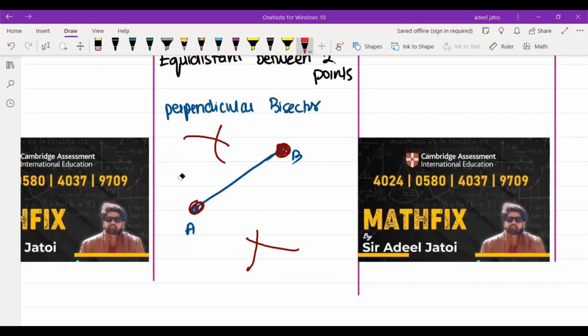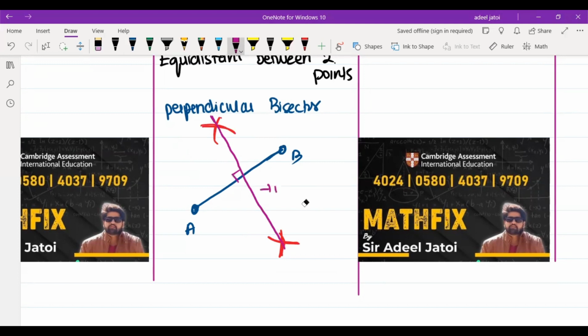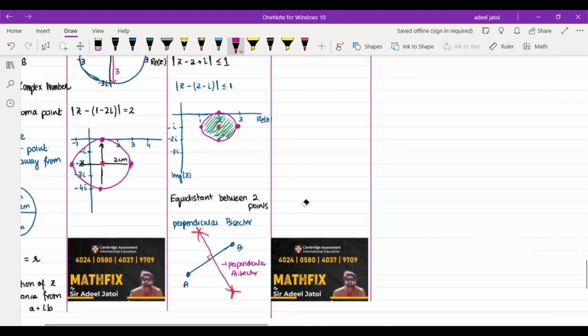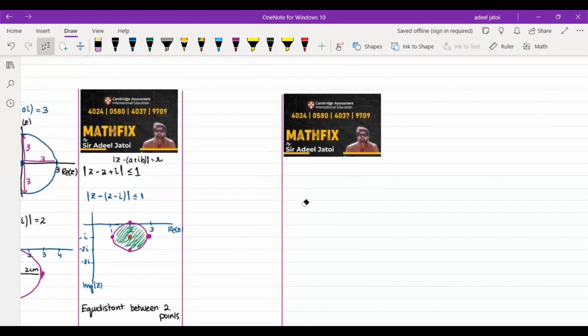Putting down on A, your equidistant will be here. Putting down on B, your equidistant will be here. So your line will be cutting A and B from the middle. This will be your perpendicular bisector. Now, since you have the perpendicular bisector line, the question can revolve around it as well.